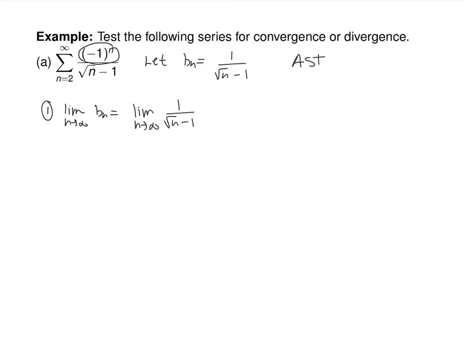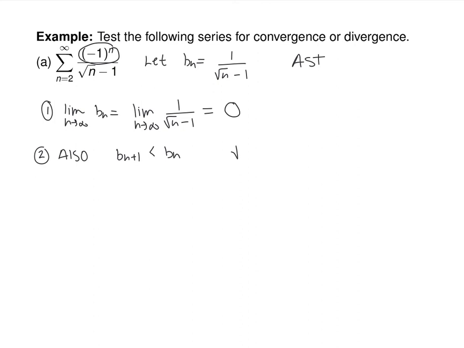Well, since you only have a variable in the denominator and root n keeps getting larger as n goes to infinity, 1 over big number goes to 0. And then also you must establish that you have something decreasing. Well, b_{n+1} needs to be less than b_n.